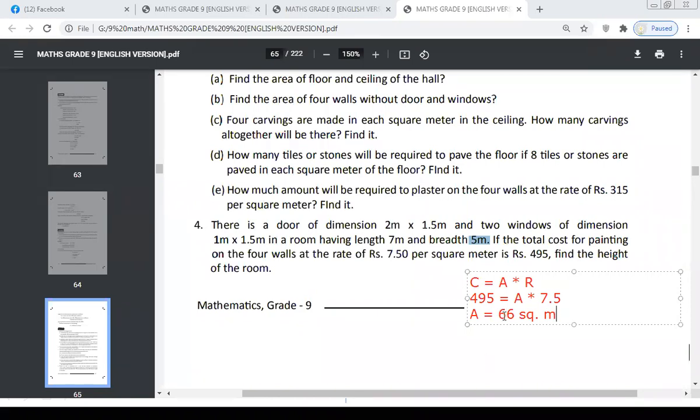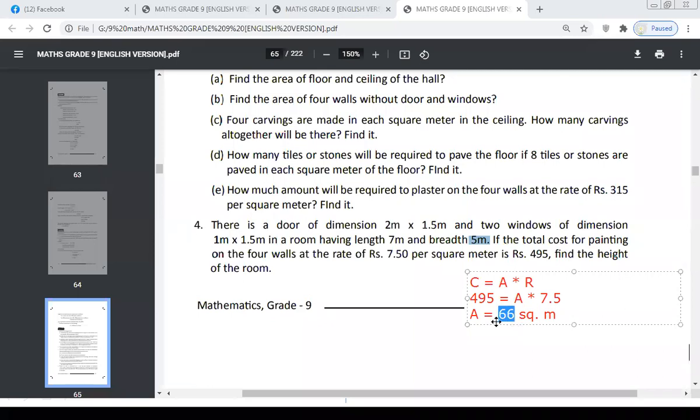Similarly here also, this 66 is the area of 4 walls excluding door and windows. Did you get what I am saying? From the rate of painting and the cost of painting that are given, the area that comes out, cost is equal to area into rate, is 66 square meter. It is the area of 4 walls excluding door and windows.